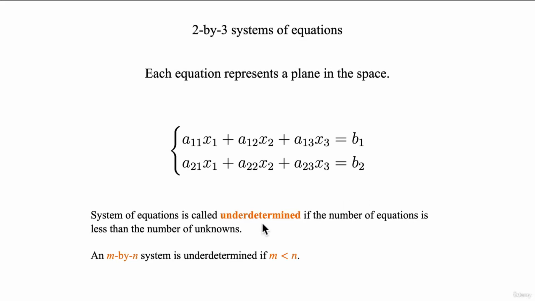But a situation where such a system represents a unique solution is impossible. So underdetermined is because it has too few equations in order to determine a unique solution.